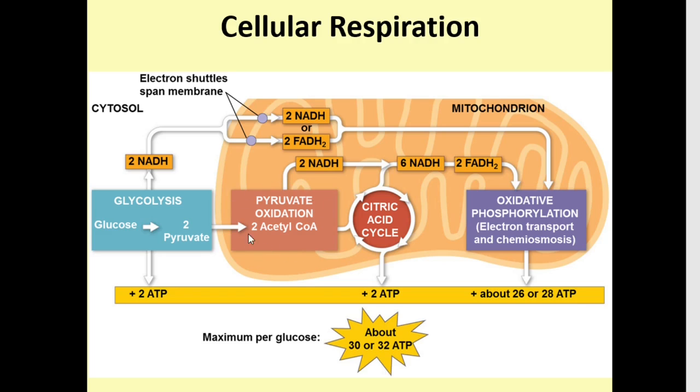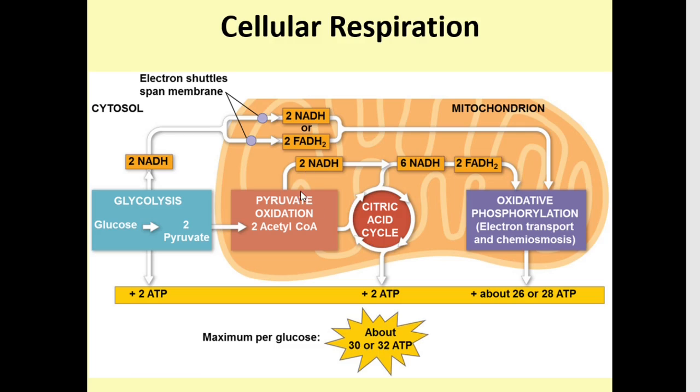So the link reaction breaks off a carbon and a couple of oxygens from each of our pyruvates. So we actually get a couple of carbon dioxides made here. And then it produces these molecules called acetyl coenzyme A, or acetyl-CoAs. And that then moves into the citric acid cycle, or the Krebs cycle.